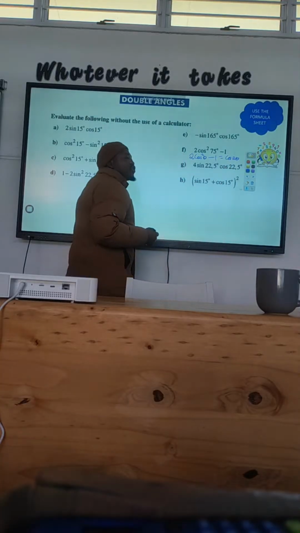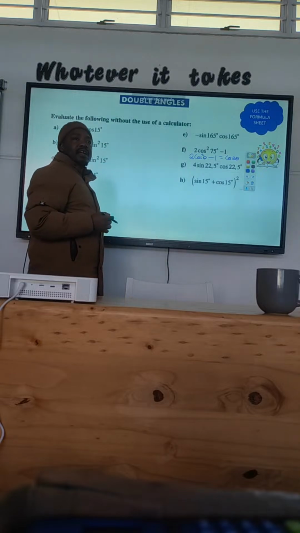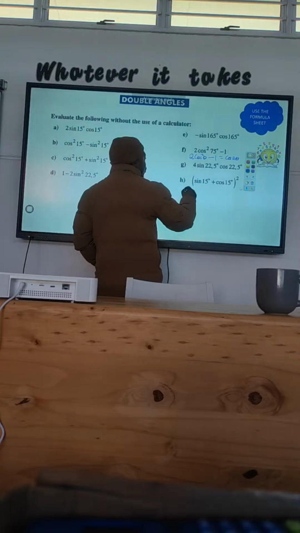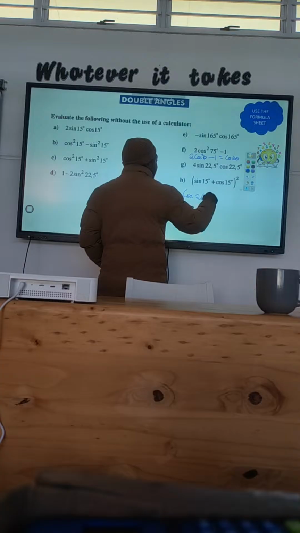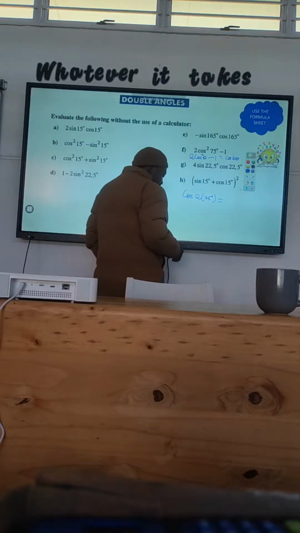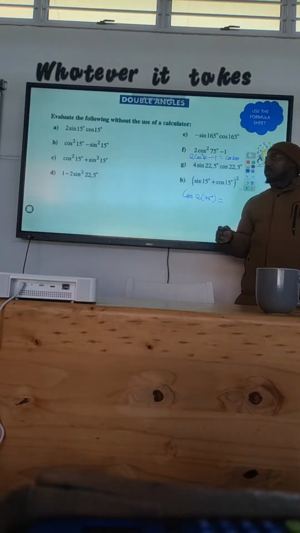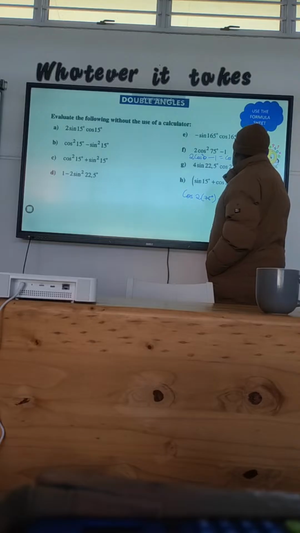But now theta is not unknown, it has a value, which is 75. So we have the cos of 2 times theta, what is theta? 75. And then 75 times 2 is how much? 150. So we have a cos of 150.